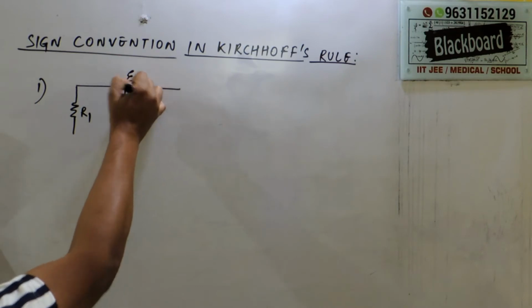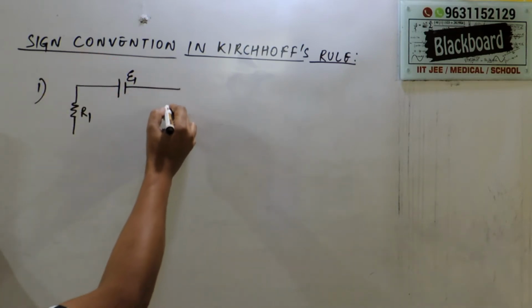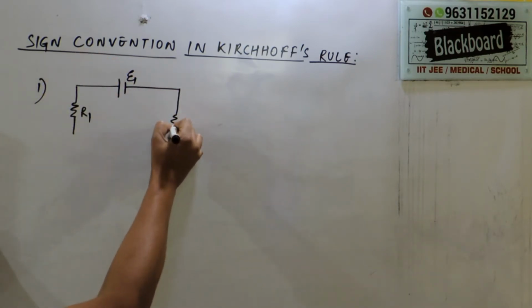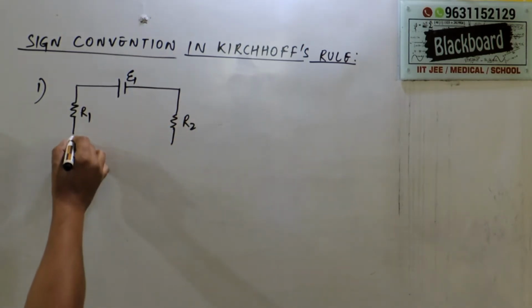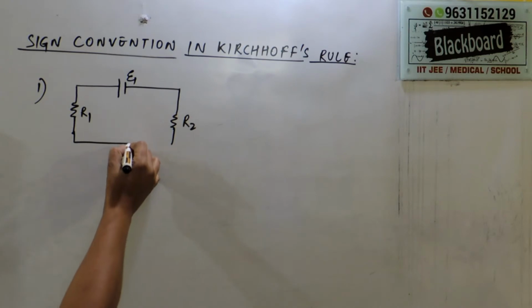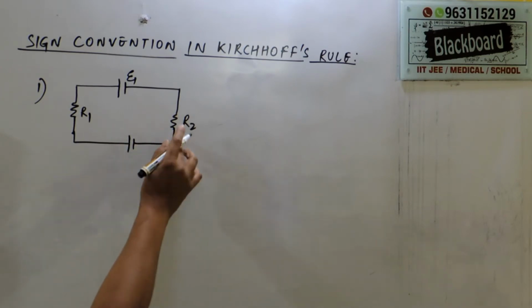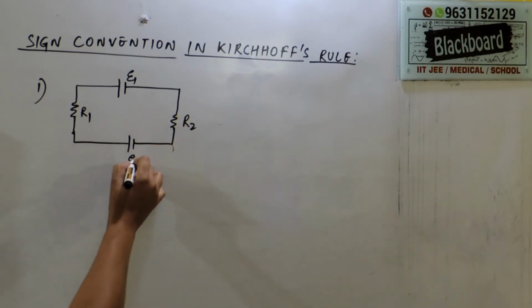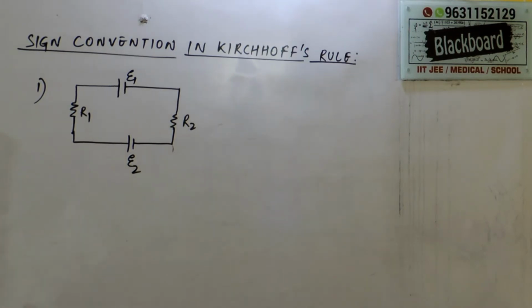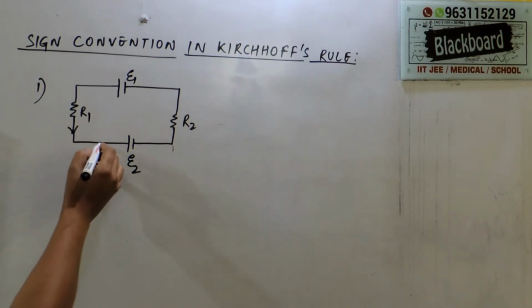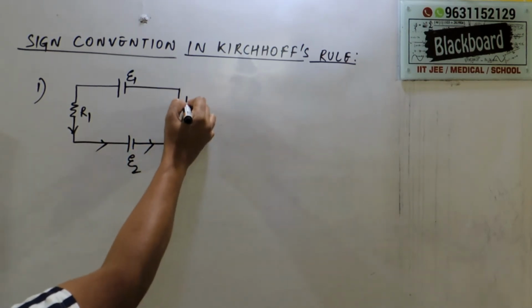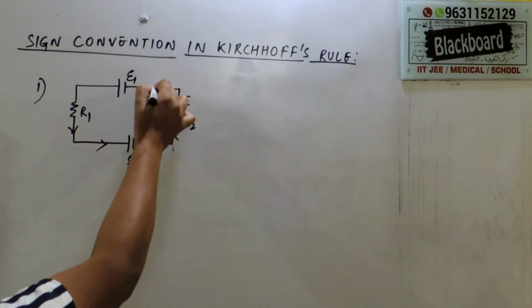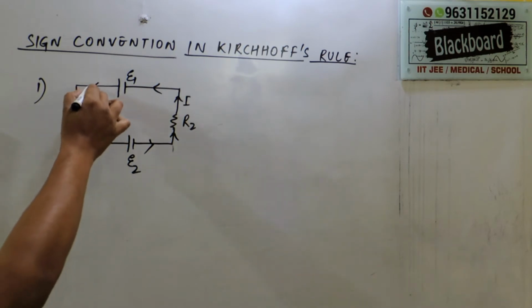Here the battery EMF is E1, and next the resistor, this is R2, and another cell is this one, and this is E2, and current is flowing like this. I amount of current is flowing through the circuit.